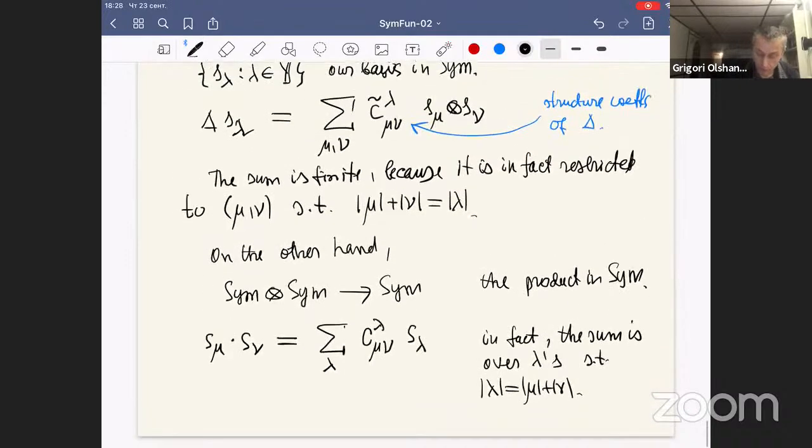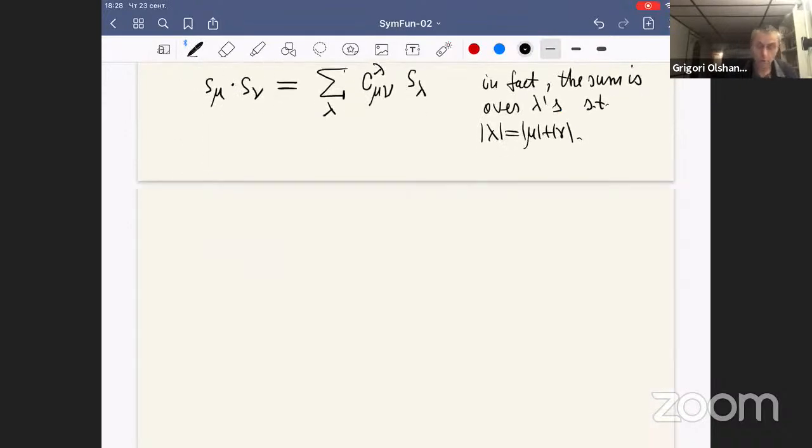The theorem which I will prove in the next lecture is as follows. These coefficients are the same.